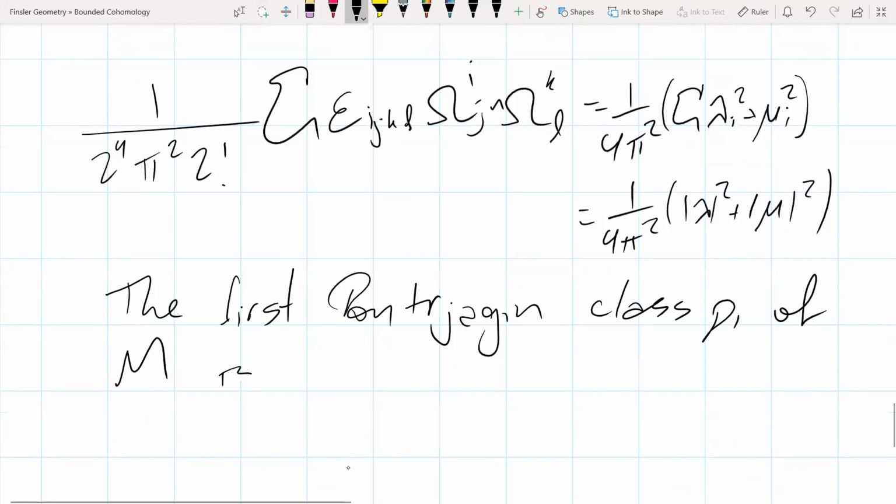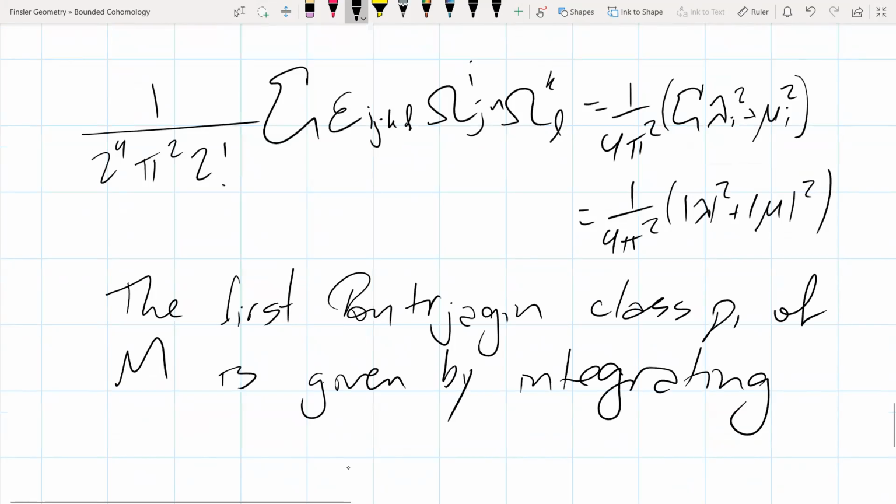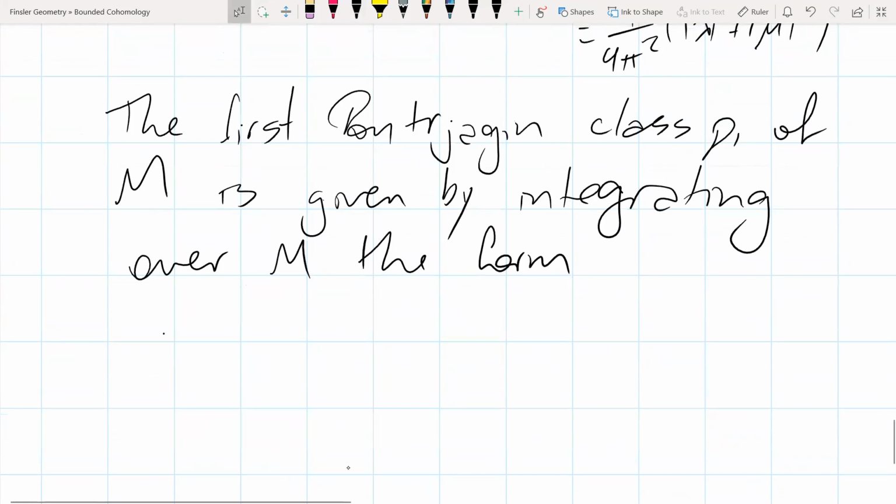And this is going to be given by integrating over M the form minus 1 over 4 pi squared 2 factorial of the trace of Omega squared.